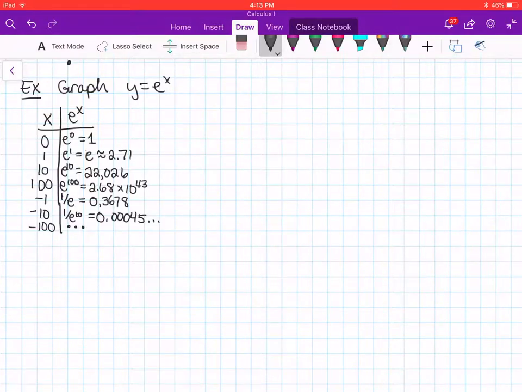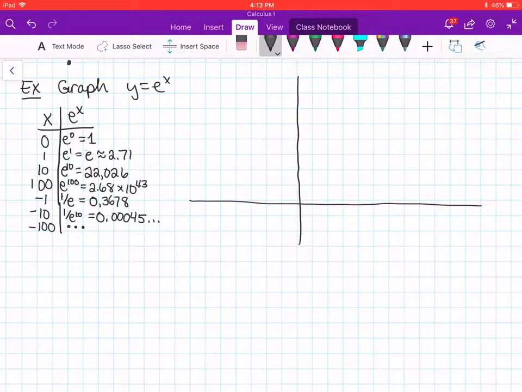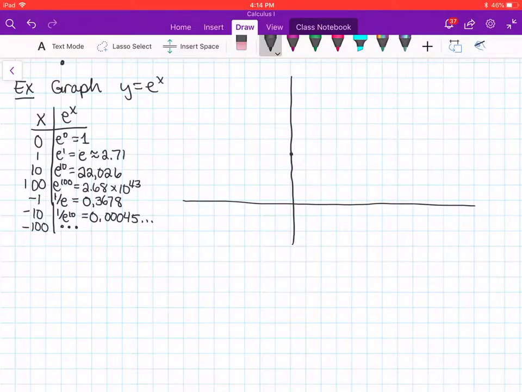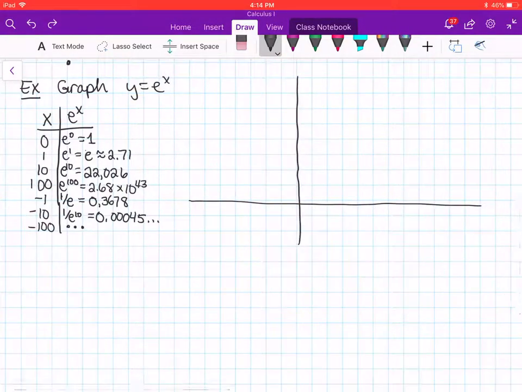So let's actually graph this. At 1, it's at 2.7. At 10, it's way up here. At -1, it's at 0.3. At -10, it's 0.00. And we see that we got this exponential growth.